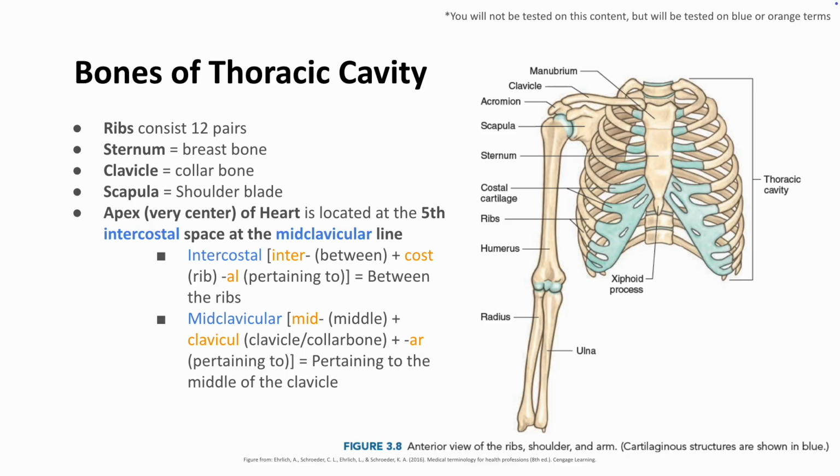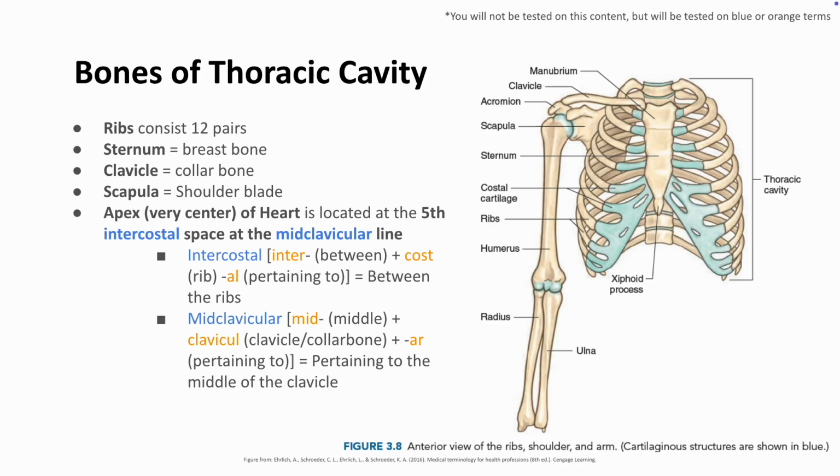That's the first one at the very top. Second one, third one, fourth one, and fifth one. This is the fifth intercostal space. It's between the ribs, and it's the fifth of those intercostal spaces. So it's here, and also at the mid-clavicular line.